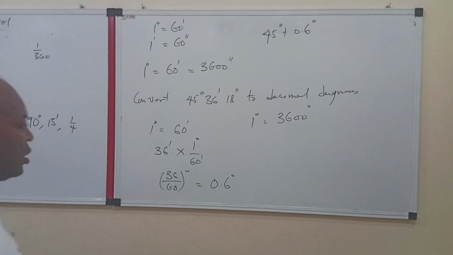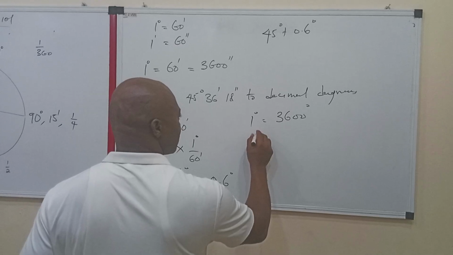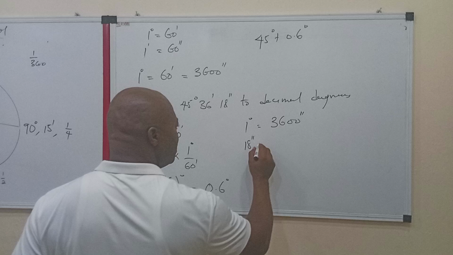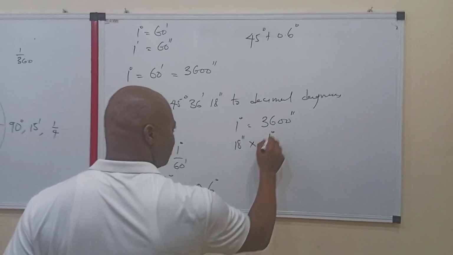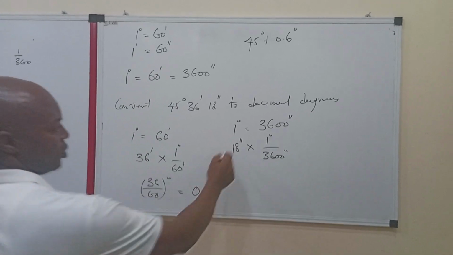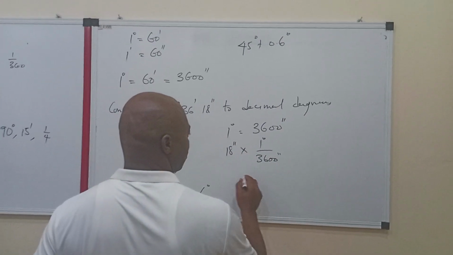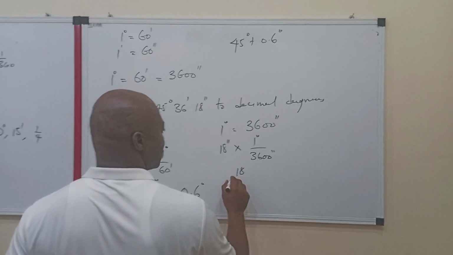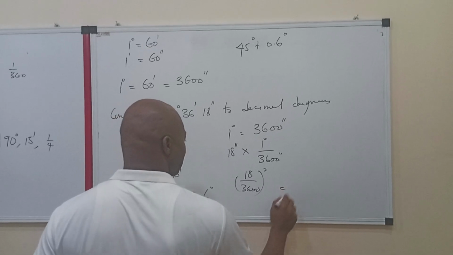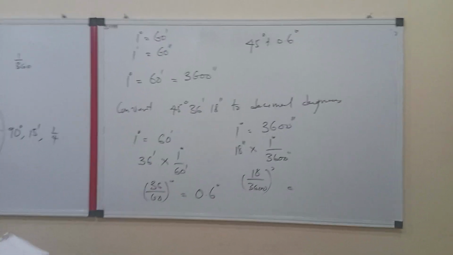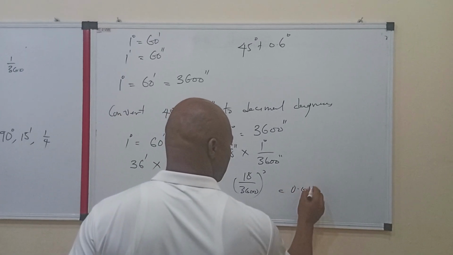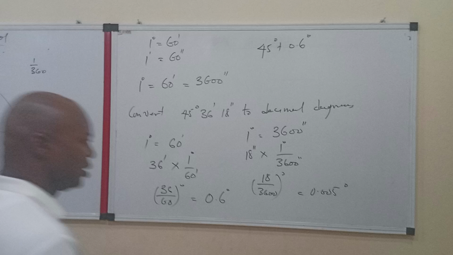Then 18 seconds will be 1 degree all over 3,600 seconds times 18, so you will be left with 18 all over 3,600 degrees. This boils down to 0.005 degrees.